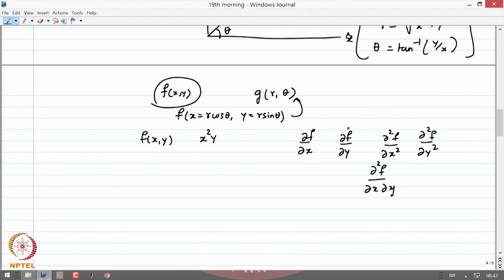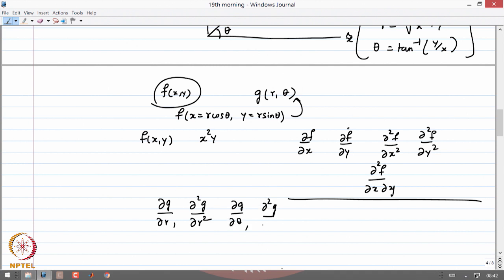Likewise, the corresponding function g also has dou g by dou r, dou squared g by dou r squared, dou g by dou theta, dou squared g by dou theta squared, and dou squared g by dou r dou theta, and so on. These are the partial derivatives in the polar coordinate system, and those are the partial derivatives in the Cartesian coordinate system. How do we relate them?